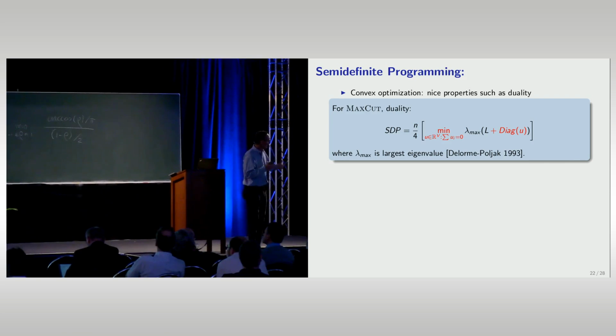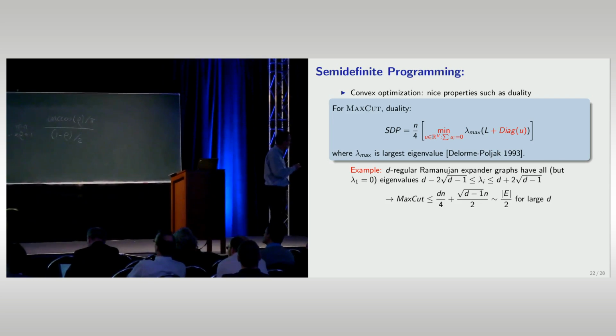When you interpret the dual, it's simply the largest eigenvalue of the Laplacian, which you can improve by modifying the diagonal entries in a certain way. That was shown first by Delorme and Poljak, and unfortunately, with that dual version, you don't see how to get a cut from this eigenvalue bound. So that does not allow this nice analysis.